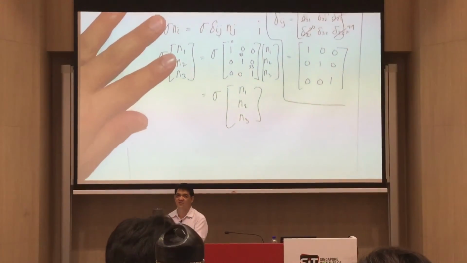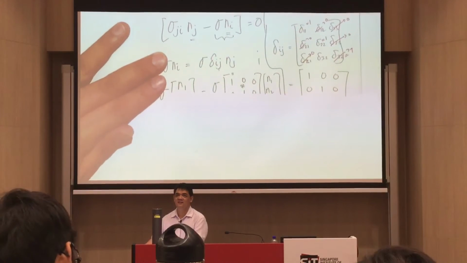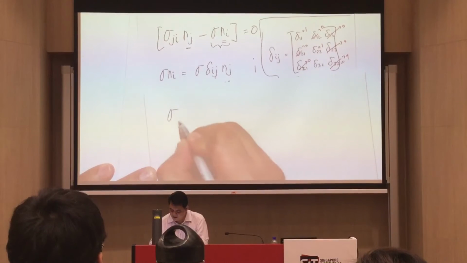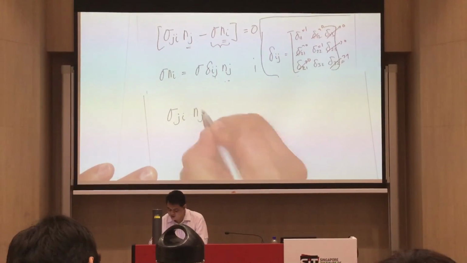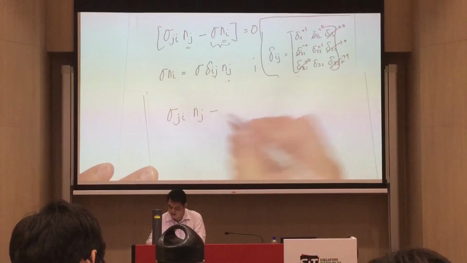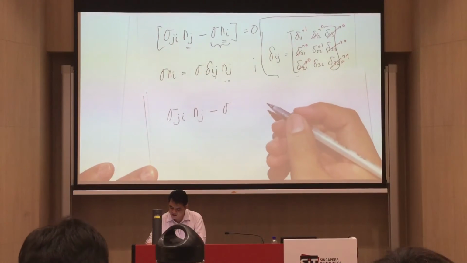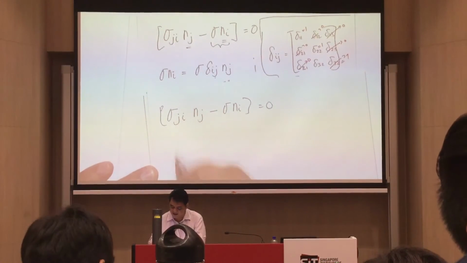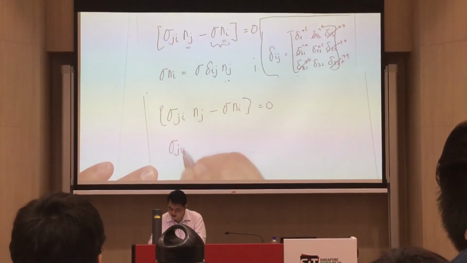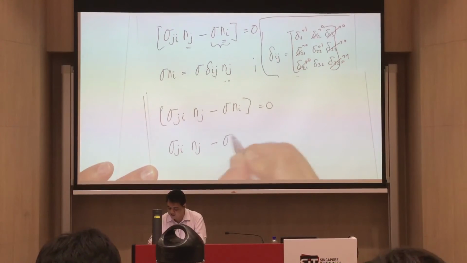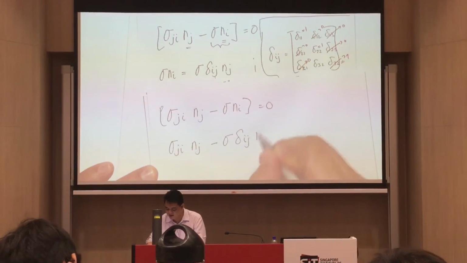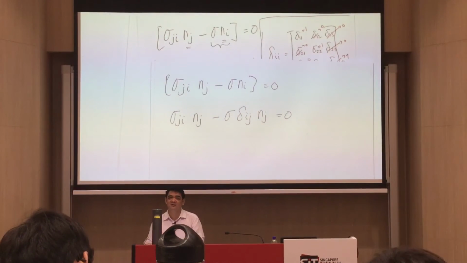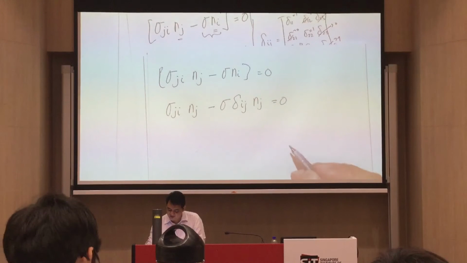Hope you're okay there. Let's continue a bit. So we can have now here sigma ji nj minus sigma ni equal to 0. Just repeating that. So we have sigma ji nj minus sigma delta ij nj equal to 0. So now I can take out nj.